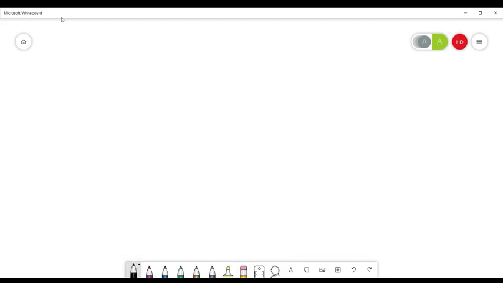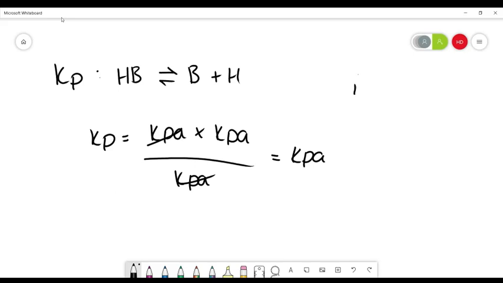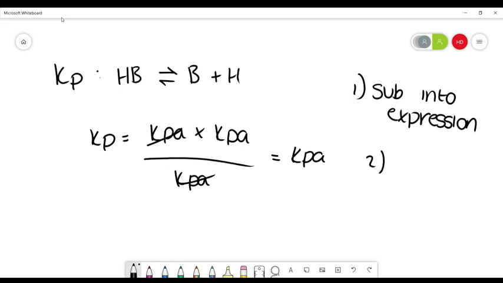And in order to calculate the units, let's say again for the HB goes to B plus H, you just put your units in as you would have done for Kc. So let's say they're all in kilopascals. Cancel, and then that's your final answer. So again, with Kc, you sub into the expression, and then you cancel and simplify.